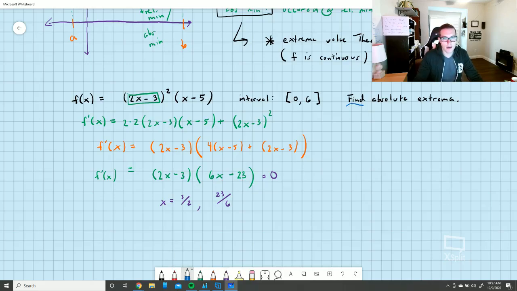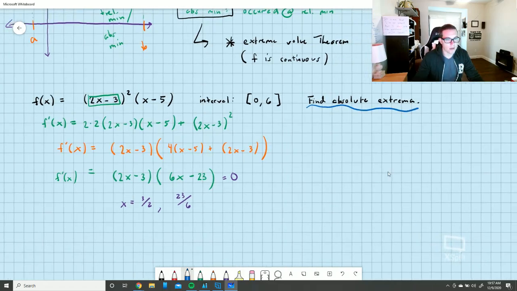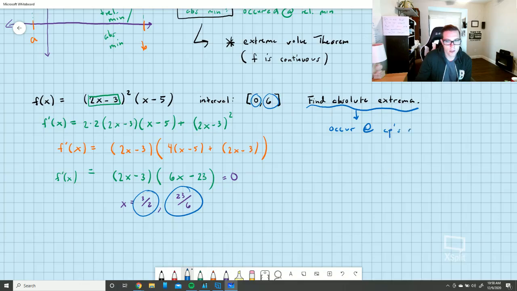To find the absolute extrema, I know that the absolute max and min have to occur either here, here, here, or here. Absolute extrema occur at critical points and endpoints. So I have to figure out of these four which one's the biggest and which one's the smallest.